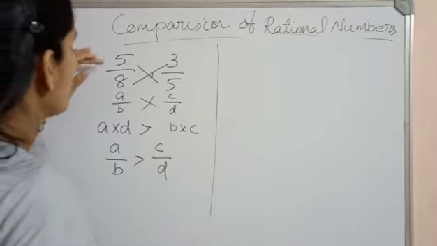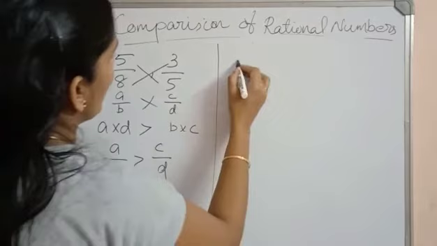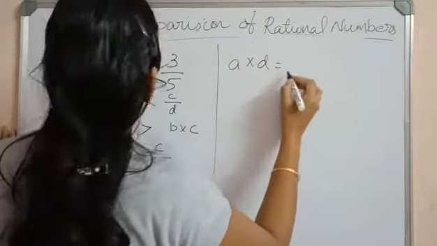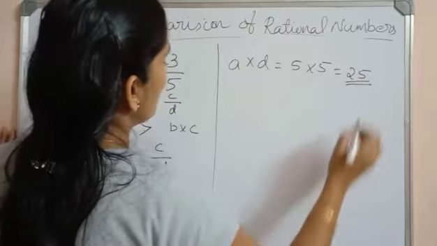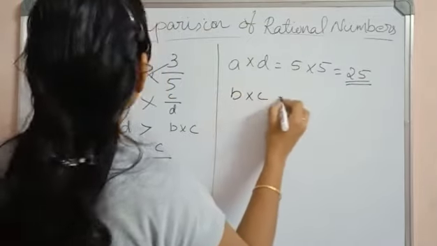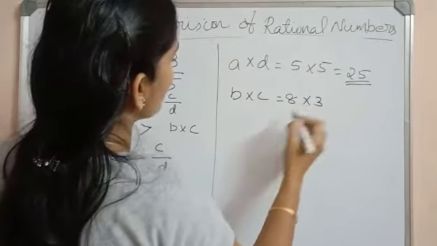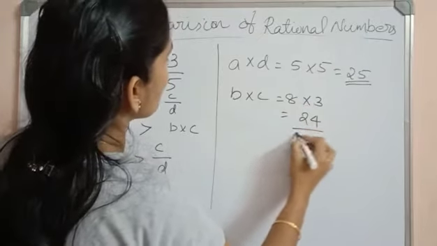Here A into D is 5 into 5, that is equal to 25. B into C is 8 into 3, that is 24.